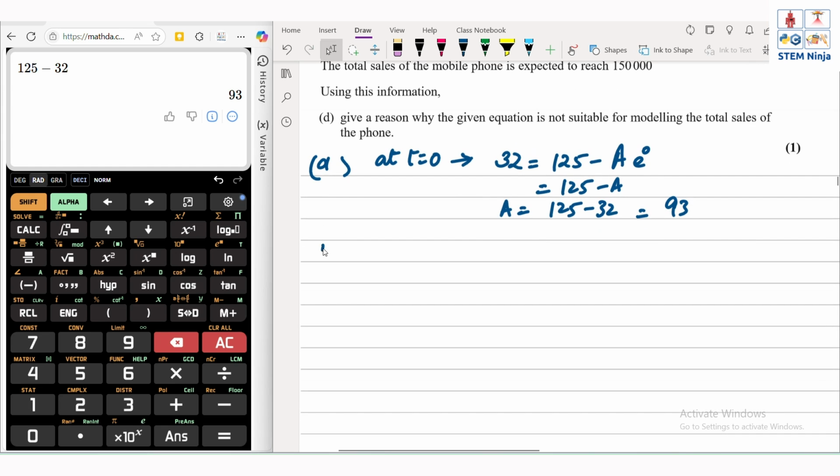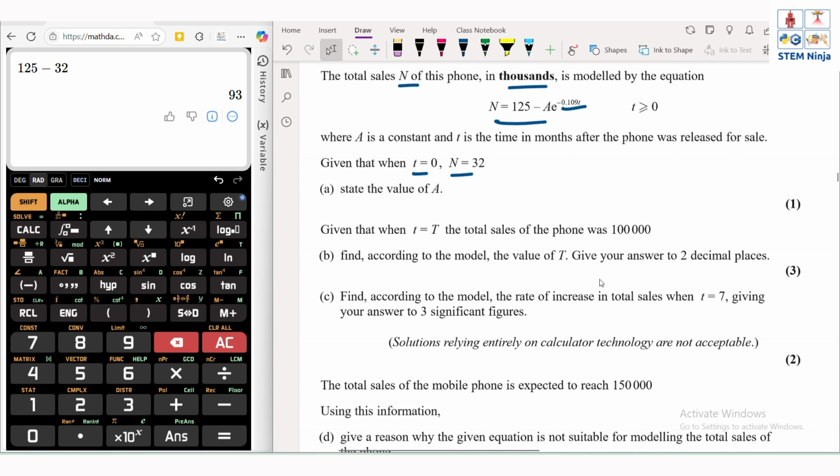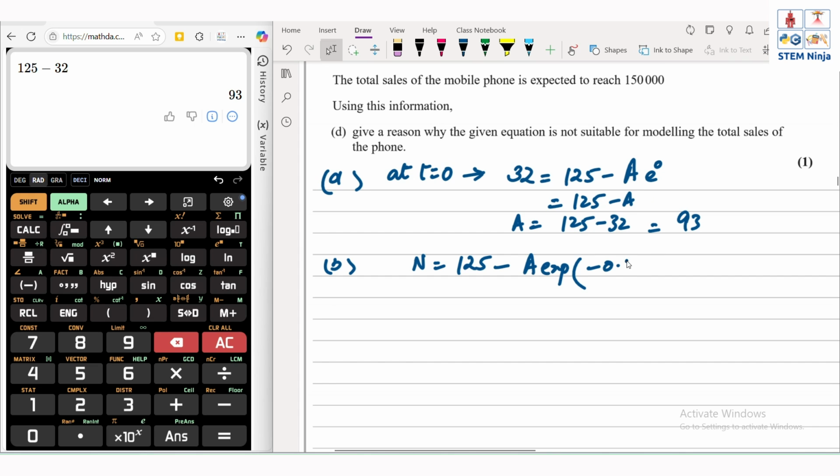So N is equal to 125 minus A exp of minus 0.109T. First we take ln of both sides.